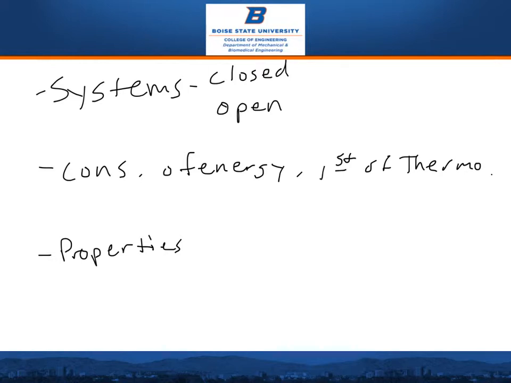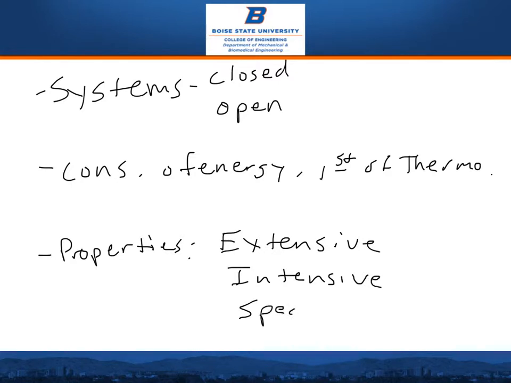In regards to properties, we talked about extensive, intensive, and specific. So extensive properties are dependent on the size of the system and/or the mass of the system, whereas intensive properties are independent of the mass of the system.